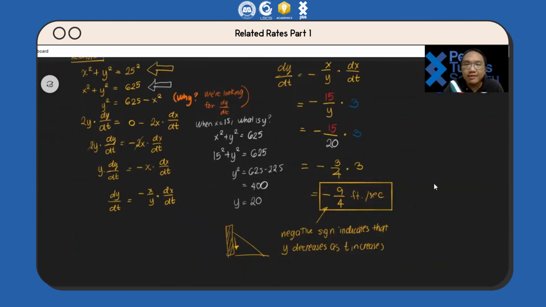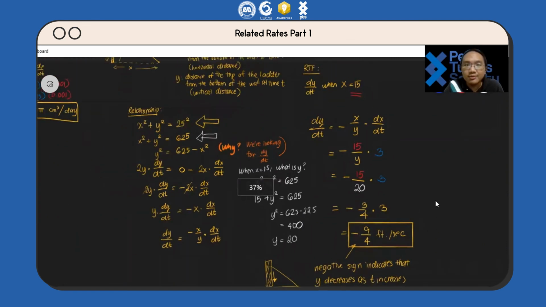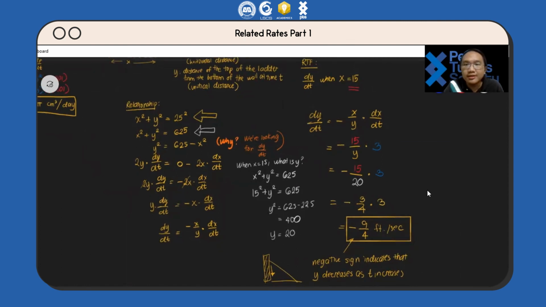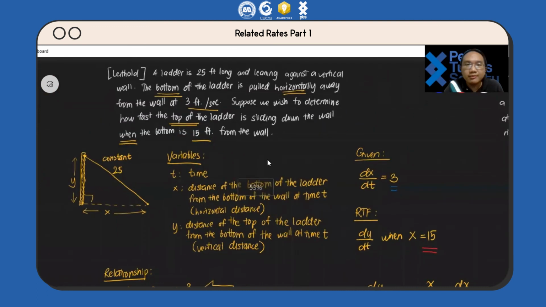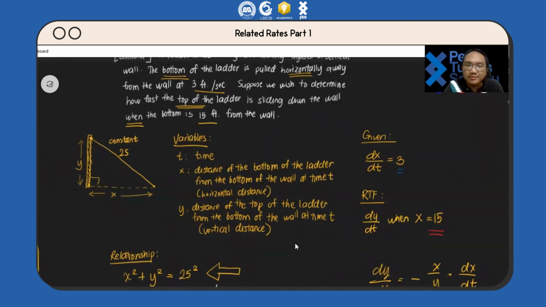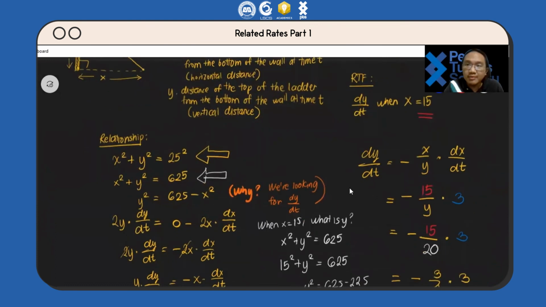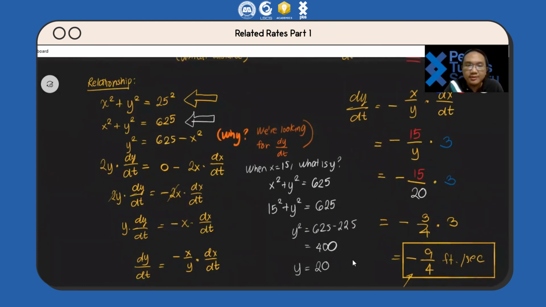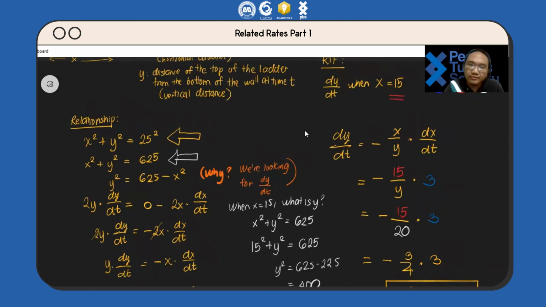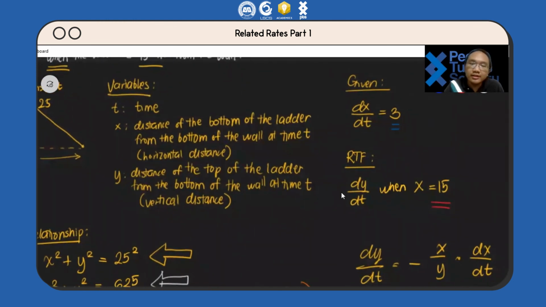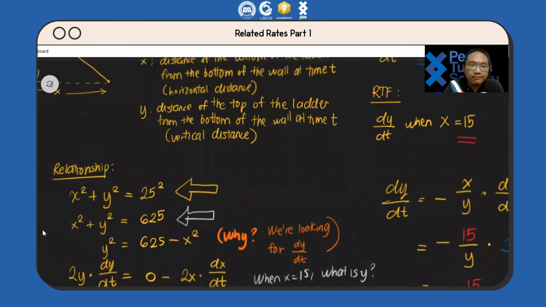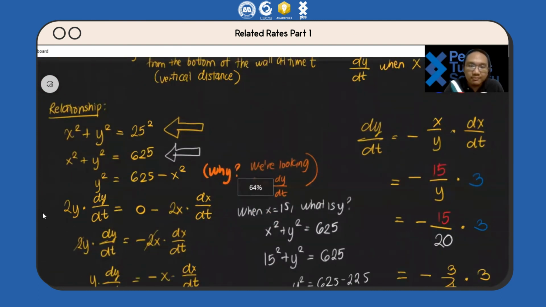So there we have our second problem, the leaning ladder problem taken from Lighthouse TC7. So it's negative 9/4 feet per second. Now let's take a moment to appreciate the bigger picture of the problem. These are very interesting problems that span very useful applications across different disciplines. So again, just to recap, we need to accurately have a figure, name the variables, get the given, what are we required to find, what is the relationship.